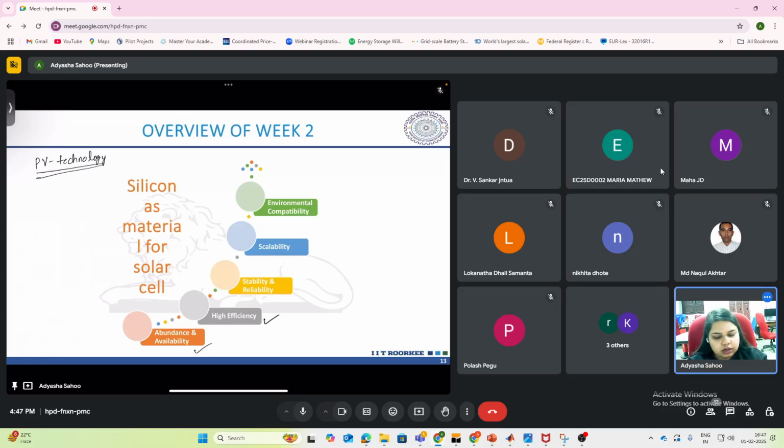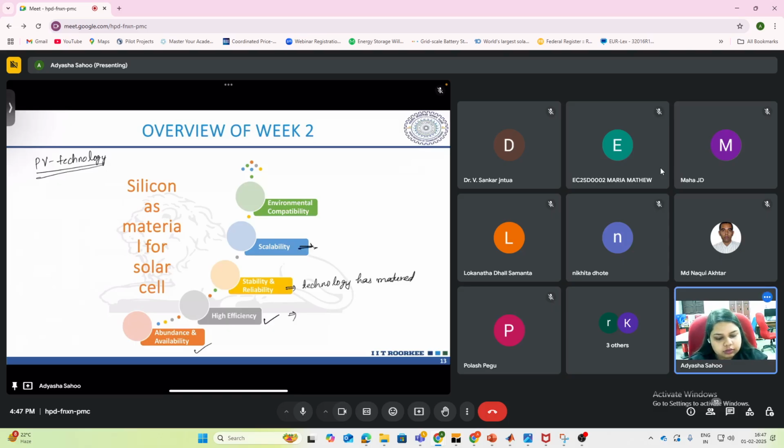Then stability and reliability, because the technology has matured for PV. So now it is a stable technology, it is highly reliable, and with this technology we are also able to increase the efficiency of the solar cell.